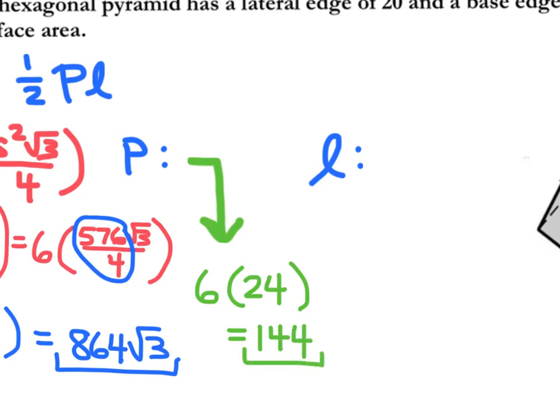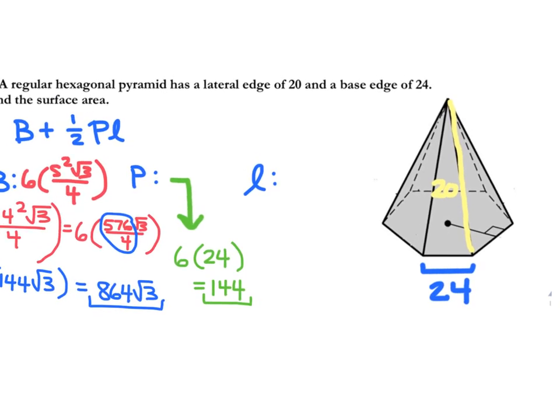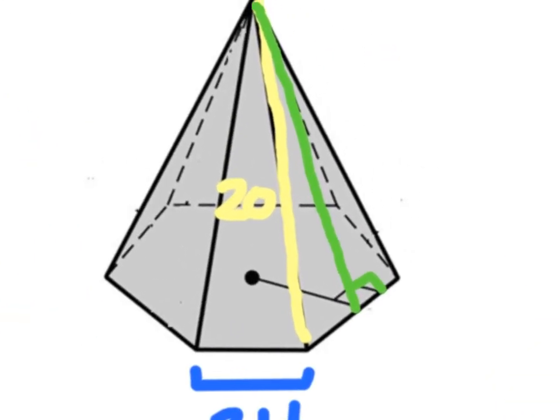Finally, slant height. Okay, guys, they don't give me the slant height. Remember, the slant height is down the middle of the side of our pyramid, okay? So we don't know that, but we do know the lateral edge is 20.